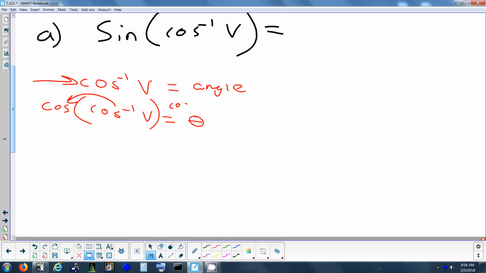And we have to do it on the other side. So again, think of cosine as a box, and we're dropping theta into that box. We're going to see what comes out when we're done. Well, when you plug inverse cosine into regular cosine, it cancels. And then when you plug theta into cosine, not really much you can do. So you get v equals cosine theta.